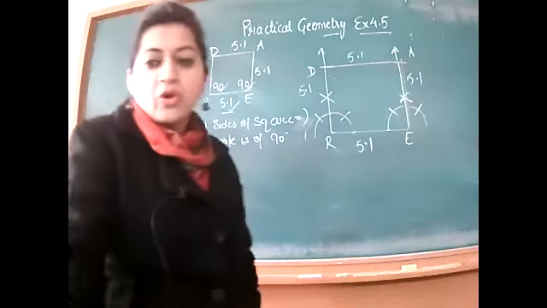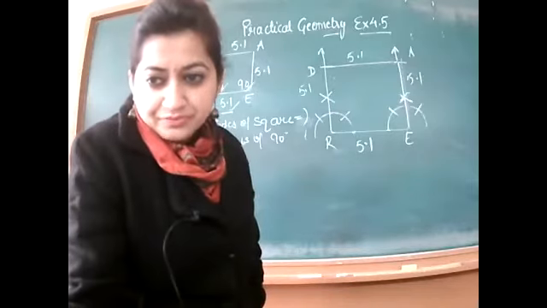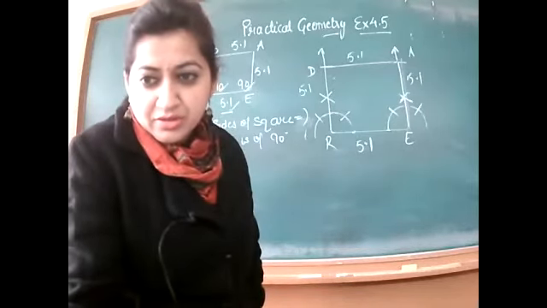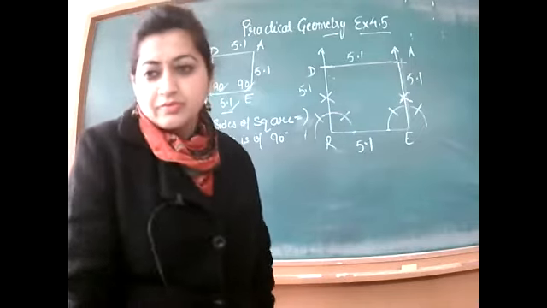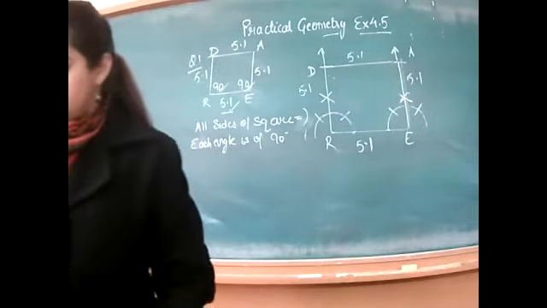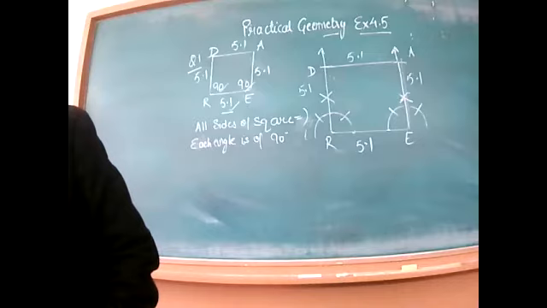Anyone else who can recall all these points? Yes, Ananya? Draw a line segment RE, then draw angle R of 90 degrees, then draw angle E also 90 degrees with the help of a compass.